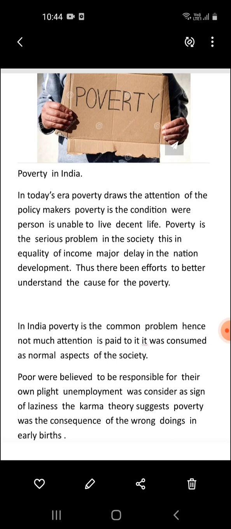But India, after independence, has made some efforts to raise the income level of those who are living in poverty.